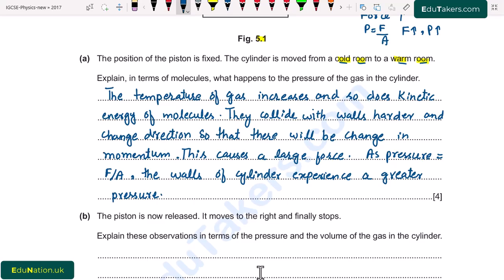So in this way, the pressure increases. Part B.